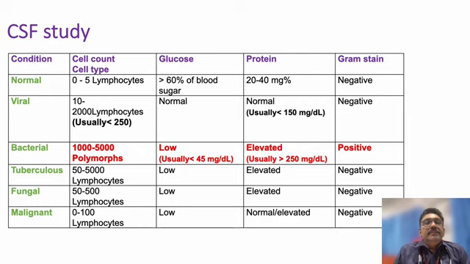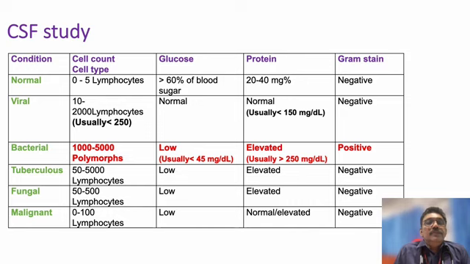When we see the CSF picture, you have to look at the cell count, cell type, glucose, protein, and Gram stain. In that, take protein. Protein will be elevated in almost all types of inflammatory condition, whether it is viral infection, bacterial infection, tuberculosis, or fungal infection, and even in malignancy it will be slightly elevated. It is highly elevated in bacterial infection because the inflammation is very high in bacterial meningitis.